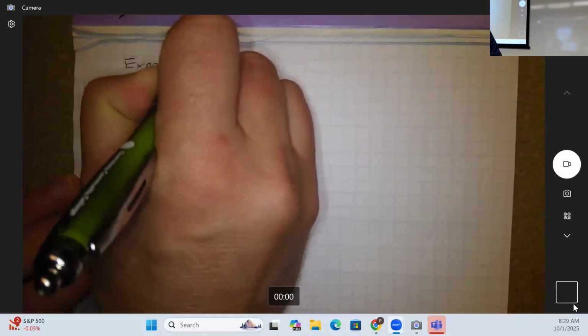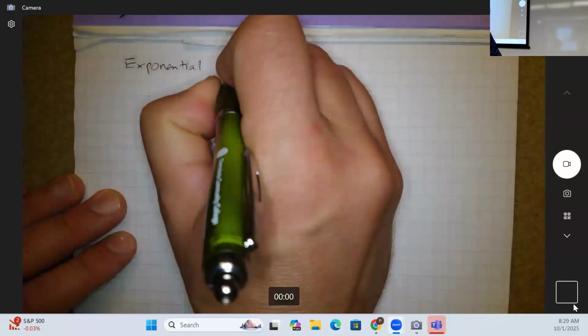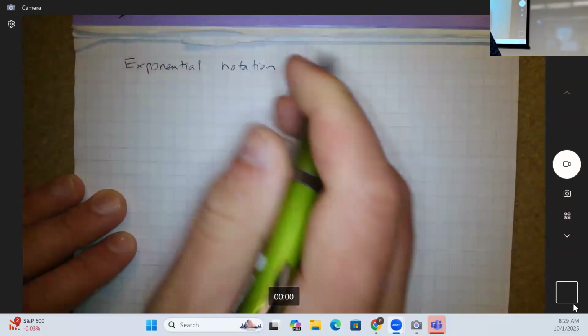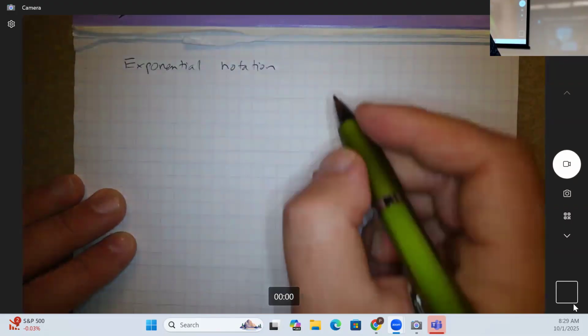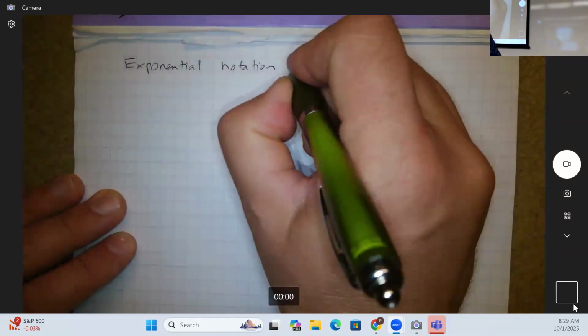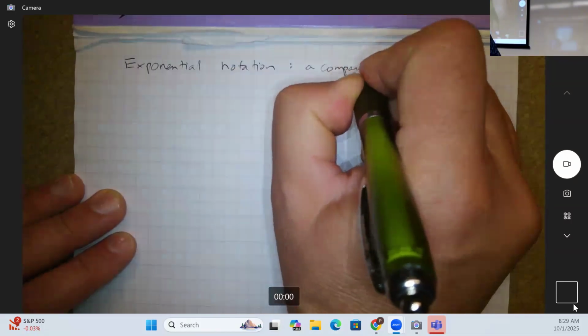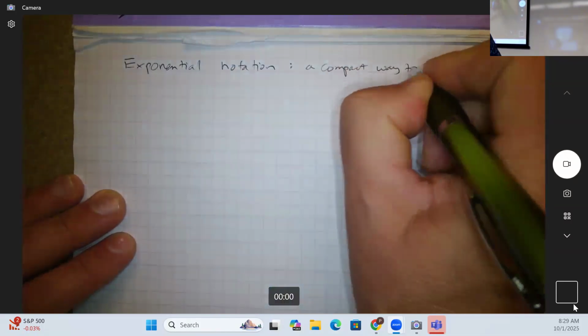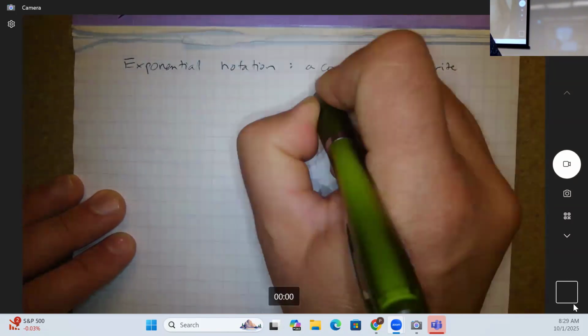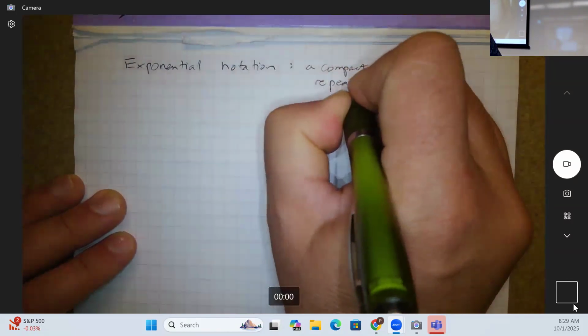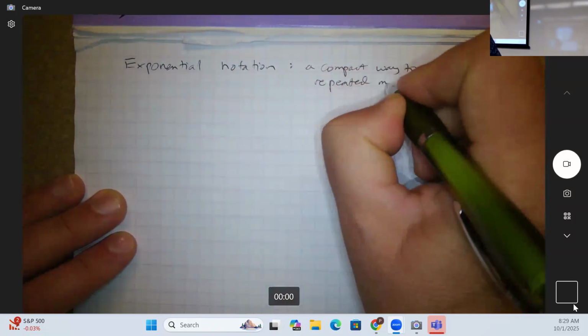So let's talk about exponential notation. The book calls it exponent notation, but whatever. This is a compact way to write repeated multiplication.